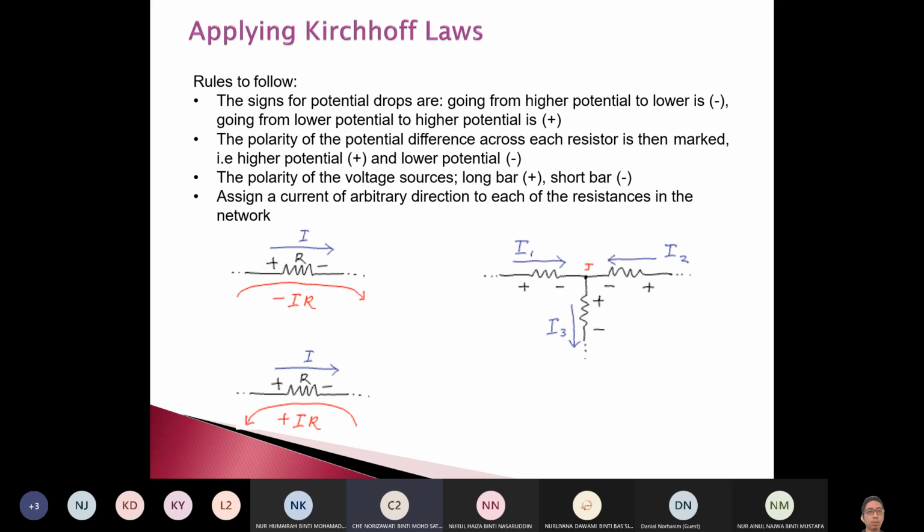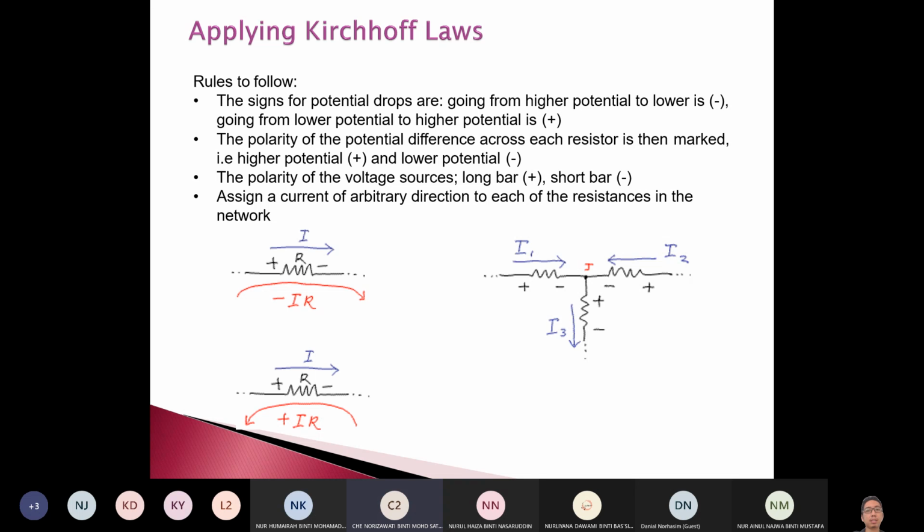So what you need to do is to assign a current of arbitrary direction to each of the resistors in the network. It depends on you which side you want to draw the current flowing.